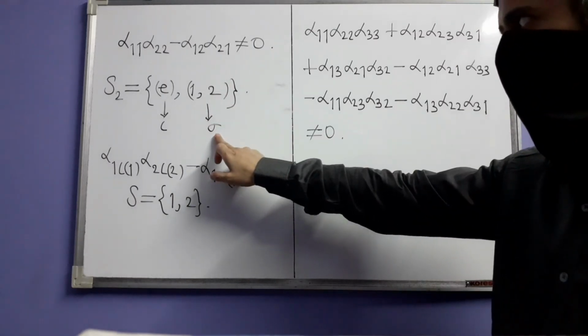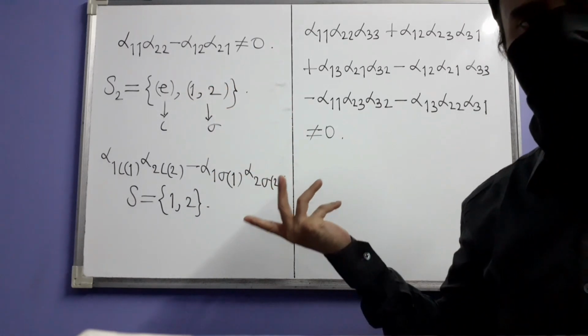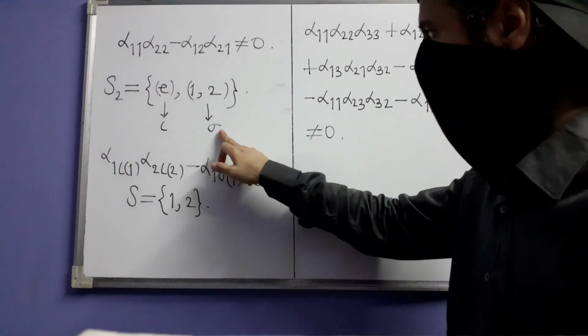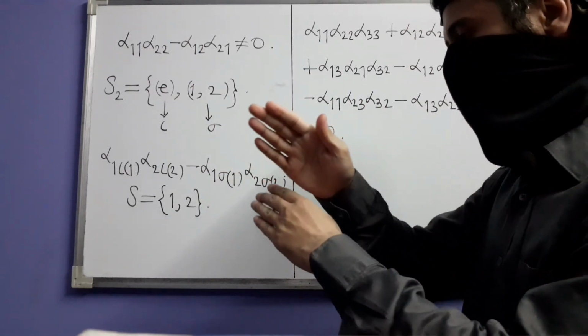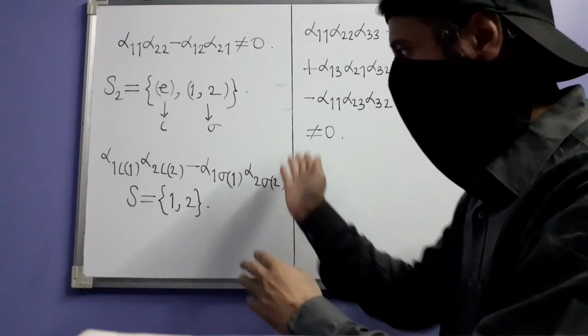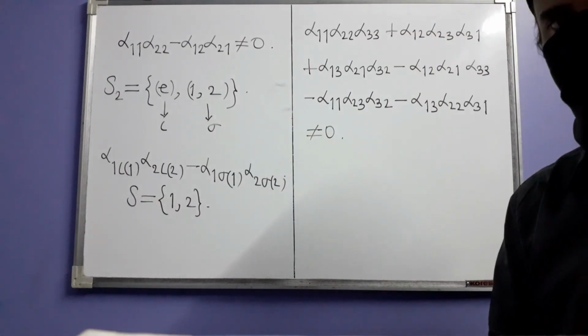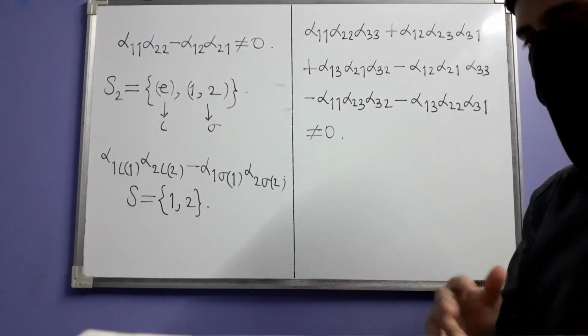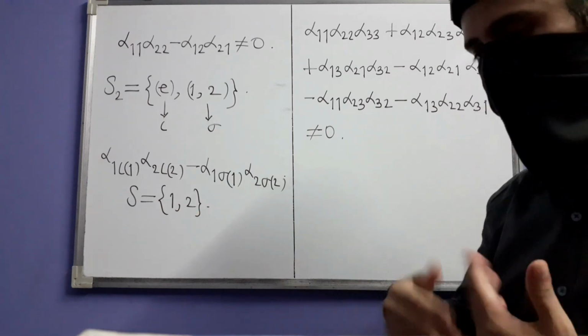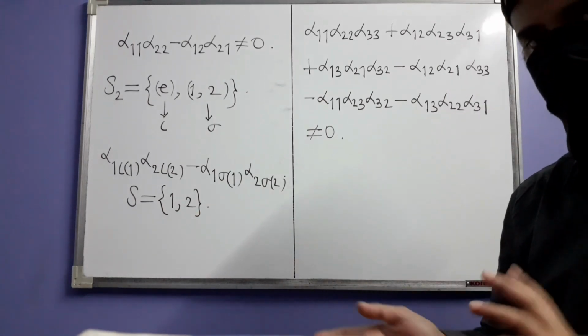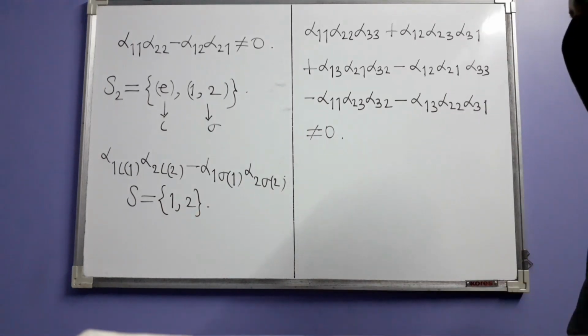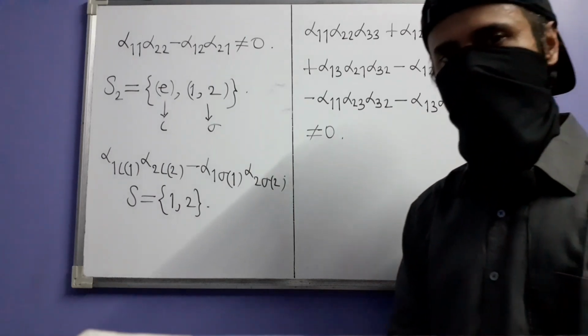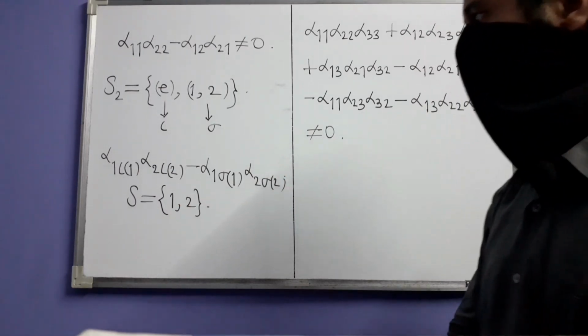We are calling it sigma, and here we have used the cycle notation. You already know these things. Sigma maps 1 to 2 and 2 to 1. So it maps the elements of S onto the elements of S in that way, and these are the only 2 permutations that we have on S.